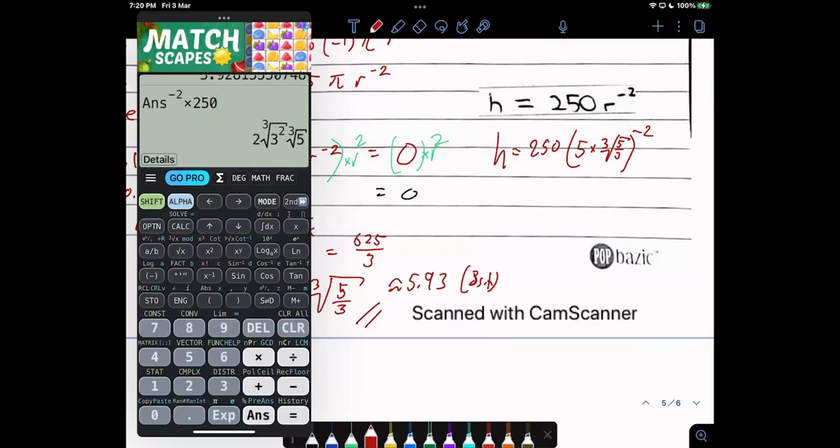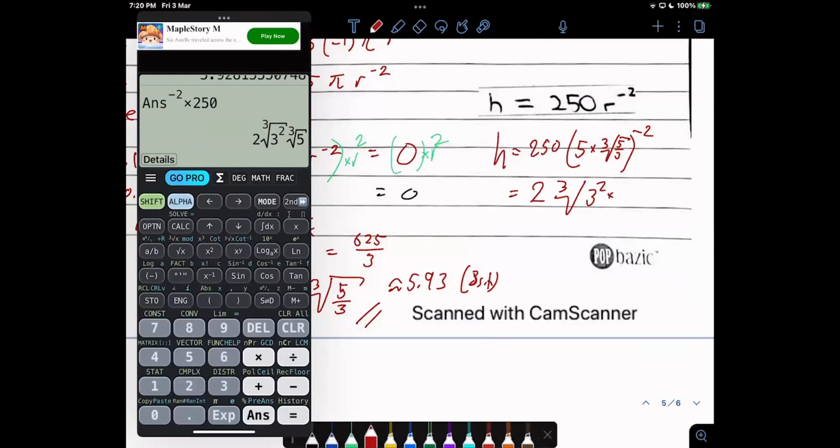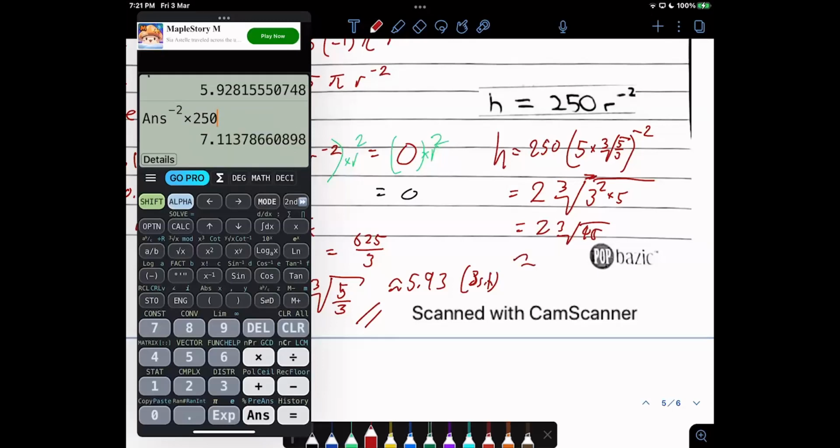The exact answer: 2 times cube root of 3 squared times 5. Cube root times cube root, I can combine together. So 2 times cube root of 9 times 5, 45. Approximately 7.11.